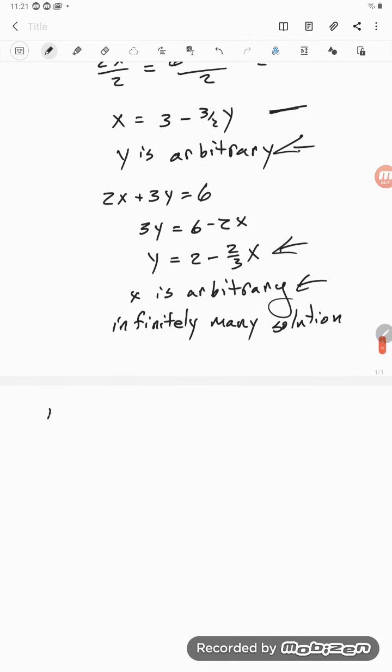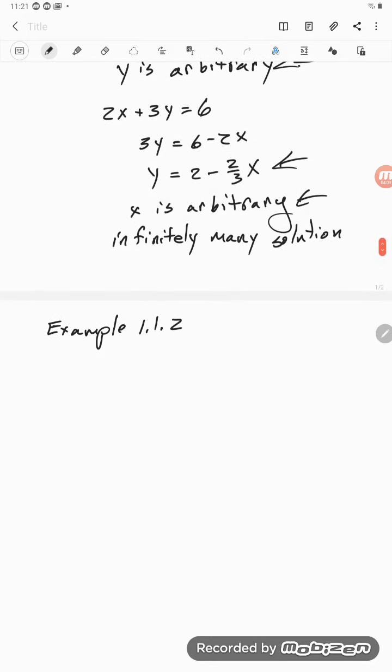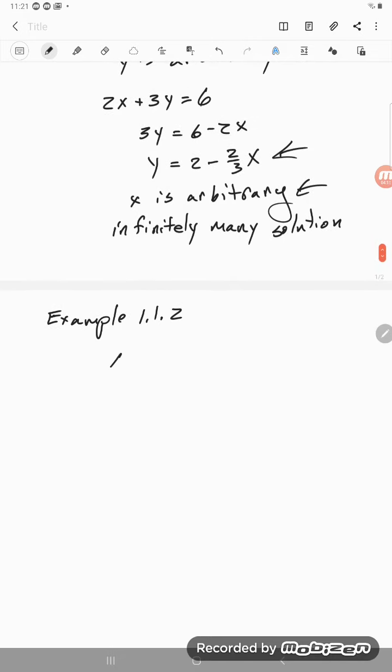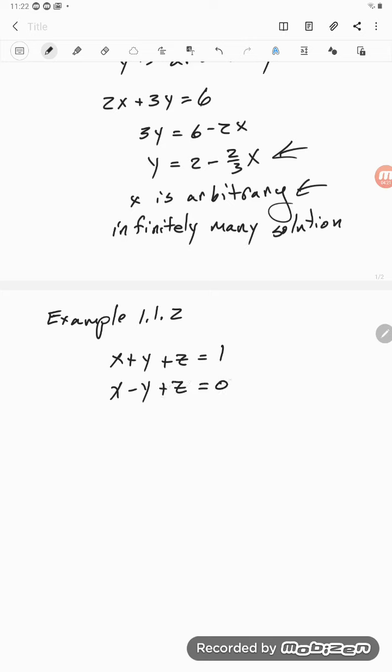Okay, looking at example 1.12, now we have two equations, three unknowns, so x plus y plus z equals 1, and x minus y plus z equals 0.